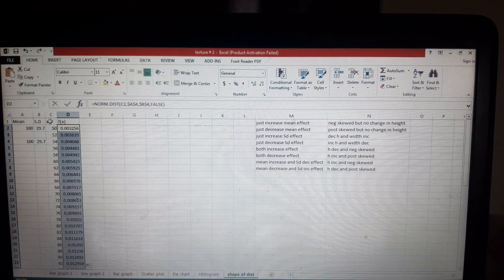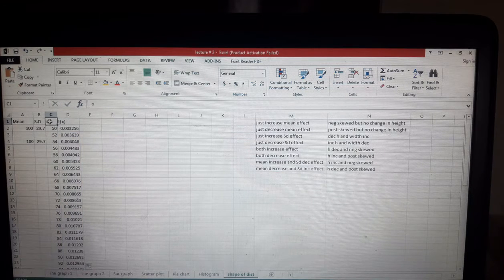Now I'm going to make a graph of this normal distribution by selecting columns C and D with labels X and f(x).